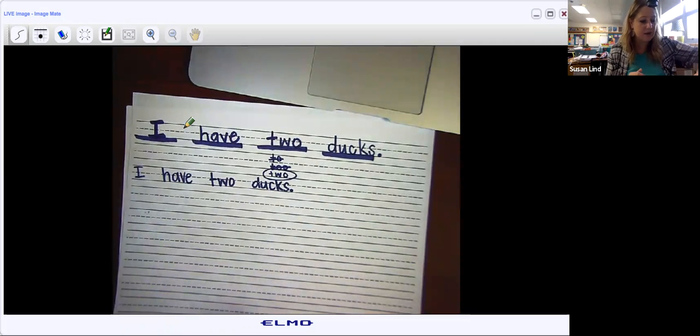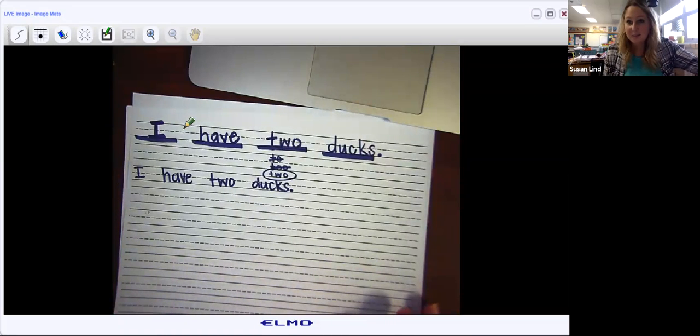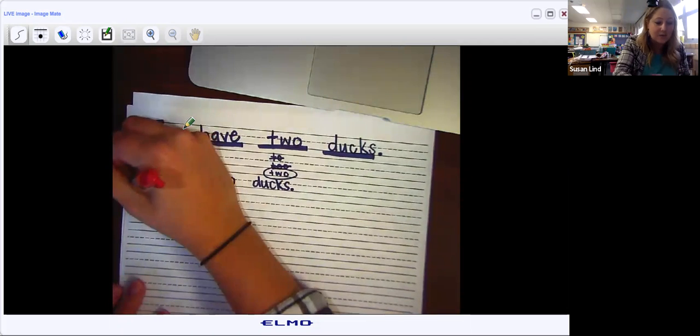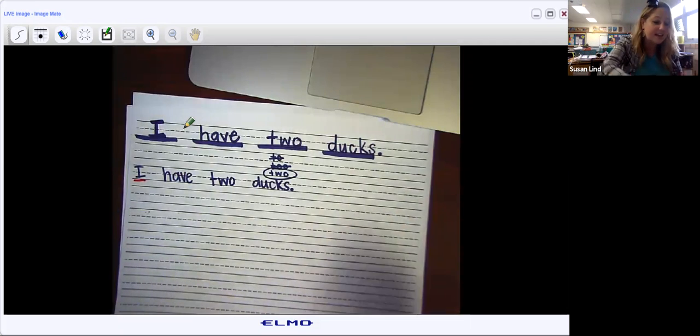With your red crayon, I want you to underline these red words. Again, red words mean you can't sound them out, and or they're words that we use a lot. Okay, so I is one of our sight words this week. So go ahead and underline I with your red crayon or marker. Have. Have is one of our sight words, and it is a red word.